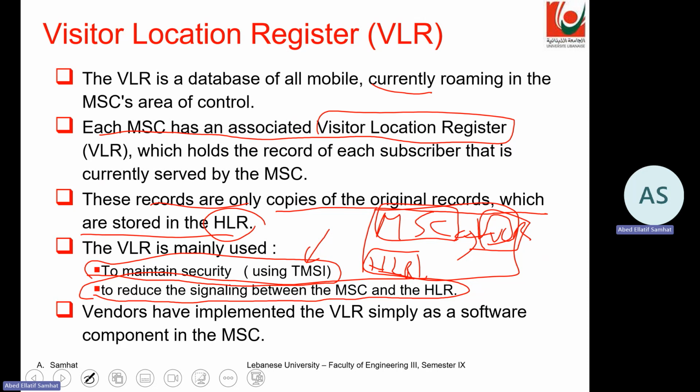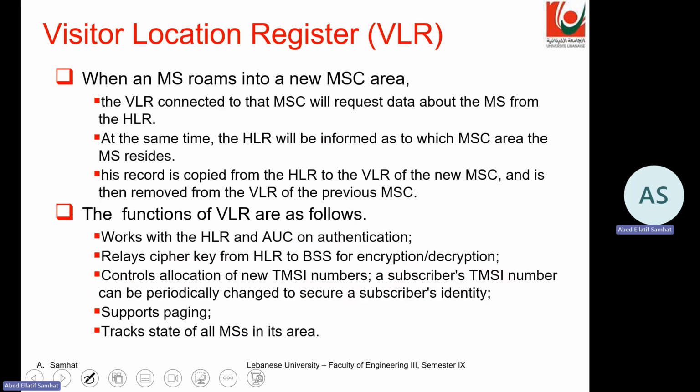So we reduce the signaling between the mobile switch center and the home location register, because we can communicate with the VLR for certain functionalities. Generally, vendors have implemented the VLR simply as a software component in the mobile switch center, since it's a database.